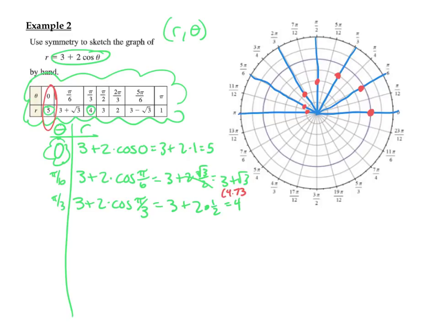And then we're going to use what we know about symmetry. If this were rectangular, we'd say it has x-axis symmetry. But because it's polar, we're going to say it has symmetry about the polar axis, because our graph starts at 0 radians there. So what's going to happen?